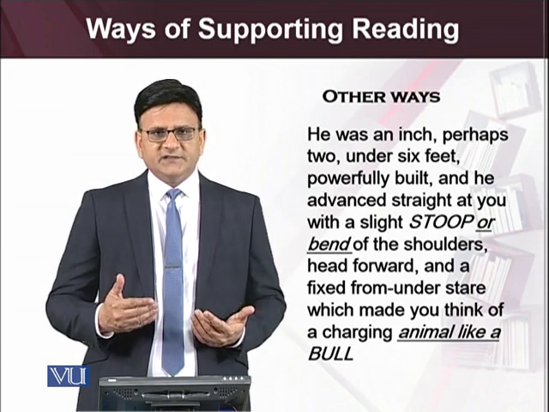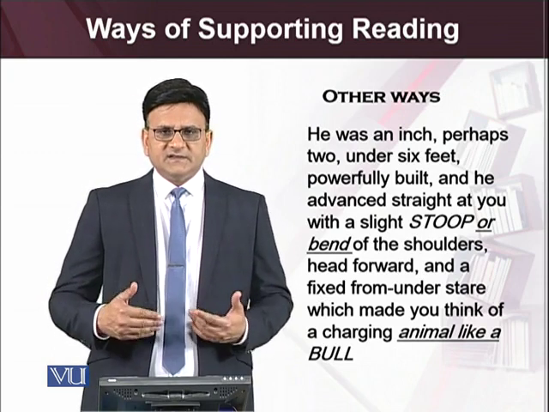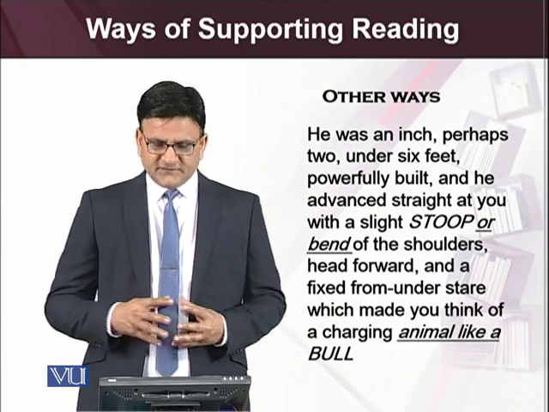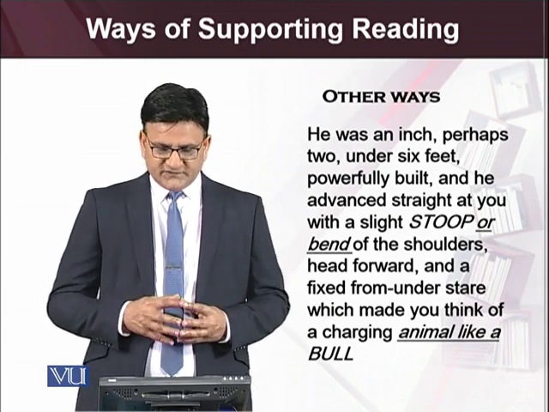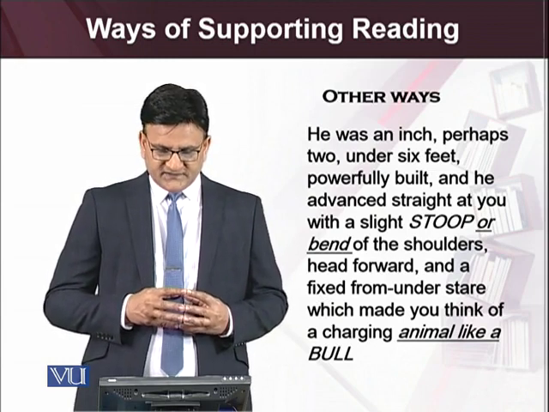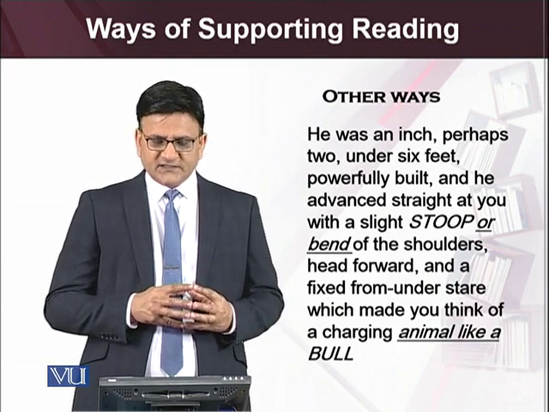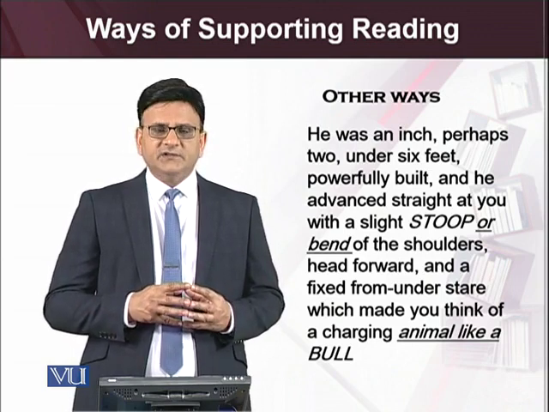Stoop means bend. This develops overall understanding of the text: of the shoulders, head forward, and a fixed stare from under the brows, which made you think of a charging animal like a bull.